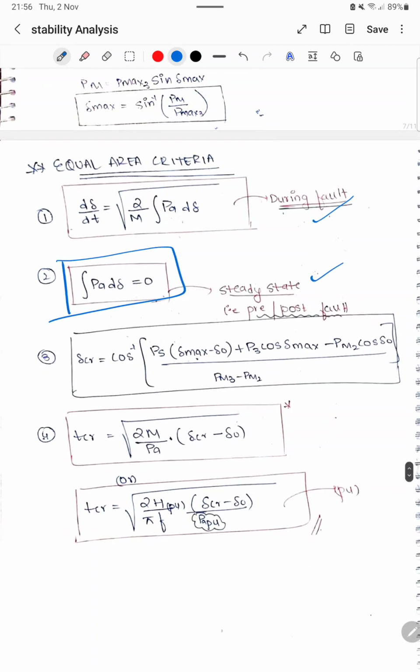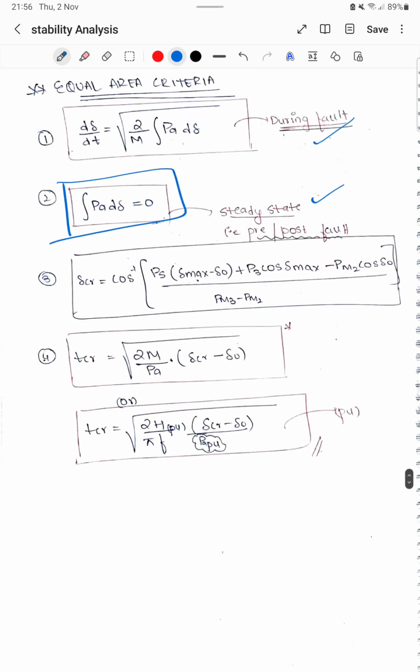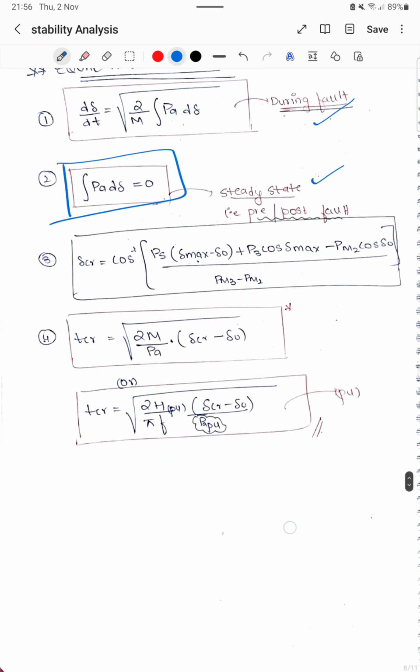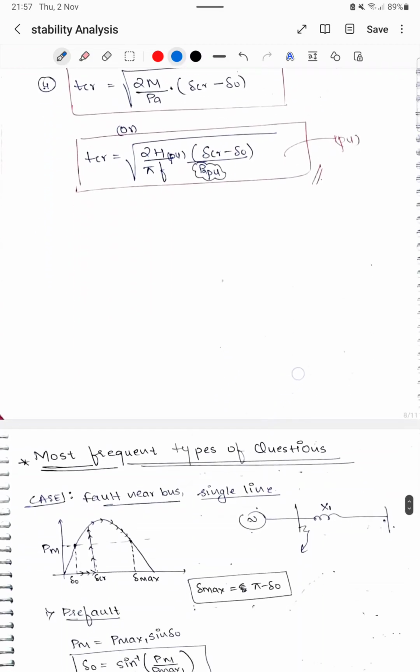And for the del CR value, it is nothing but cos inverse of P shaft into del max minus del 0 plus PM3 cos of del max minus PM2 cos of del 0 upon PM3 minus PM2, and TCR is nothing but root of 2m upon PA into del CR minus del naught, and depending upon per unit or actual value, we would change the value of m accordingly.